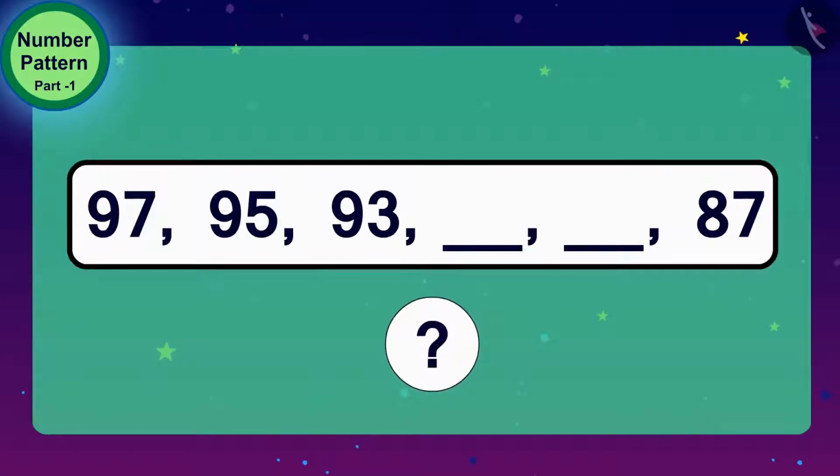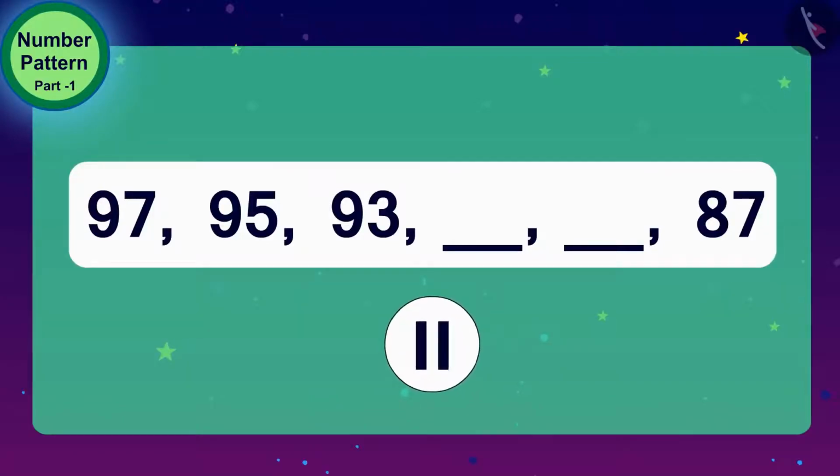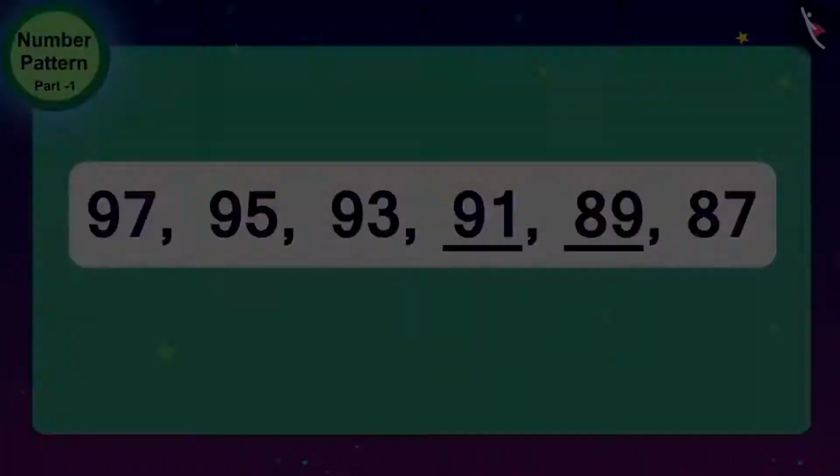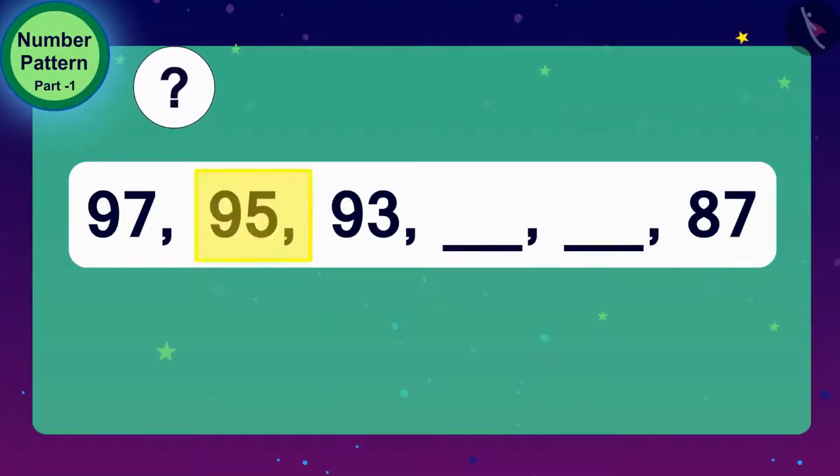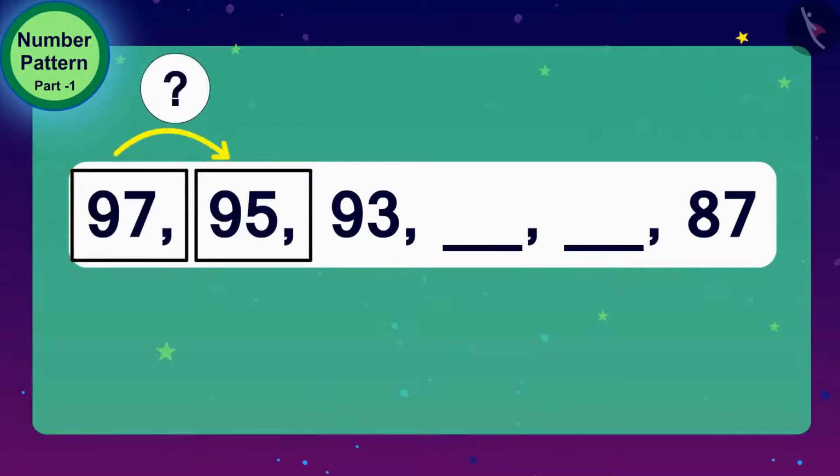If you wish, you can stop the video and think of the answer. Well done, children. You have got the right answer. What do we have to do to get the 95 from 97 here? Yes, we have to subtract 2 from 97.